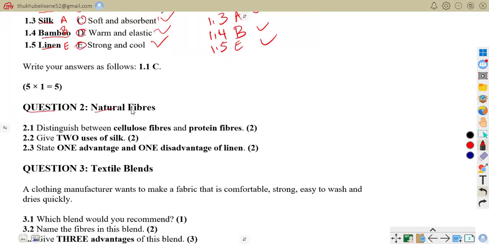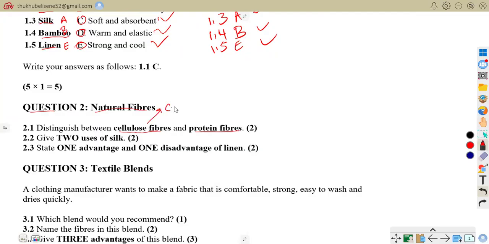Question 2 is all about natural fibers. The question says, distinguish between cellulose fiber and protein fiber. So we have to distinguish between them.